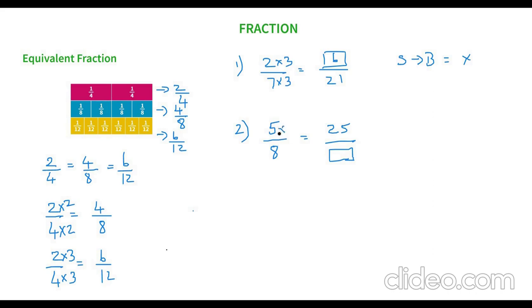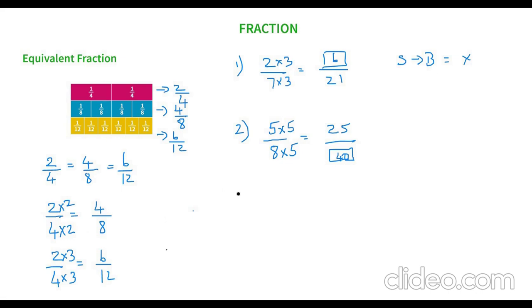So 5 we are going to multiply with some number to get 25. So 5 times what is 25? 5 times 5, right? So the same number I am going to multiply with the denominator. So now 8 times 5. What is 8 times 5? 40. So we have got our answer. 5 by 8 is equivalent to 25 by 40. Isn't it easy?